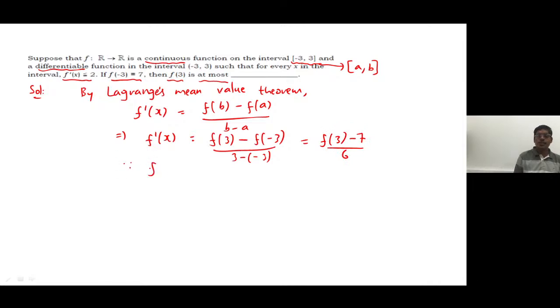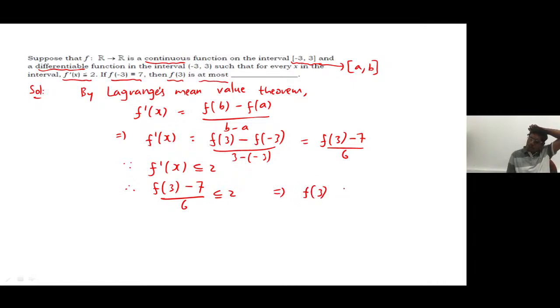Since given f dash x is less than or equal to 2, I can substitute f dash x as above here, that is f of 3 minus 7 whole divided by 6 less than or equal to 2. Shift 6 and minus 7 to the right side, you will be getting f of 3 less than or equal to 6 into 2, 12, 12 plus 7, 19.